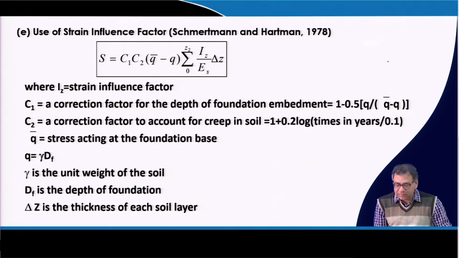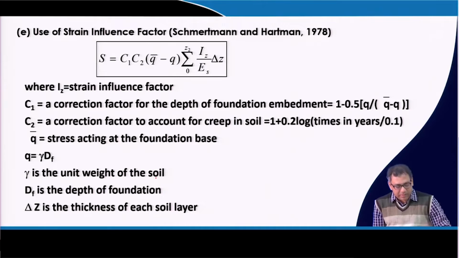This method was proposed in 1978. So, this is the expression. S, the settlement, is C1 C2 into Q bar, where Q bar is the stress acting on the foundation base, and Q is gamma dF, where gamma is the unit weight of the soil, dF is the depth of the foundation, and delta Z is the thickness of each layer.